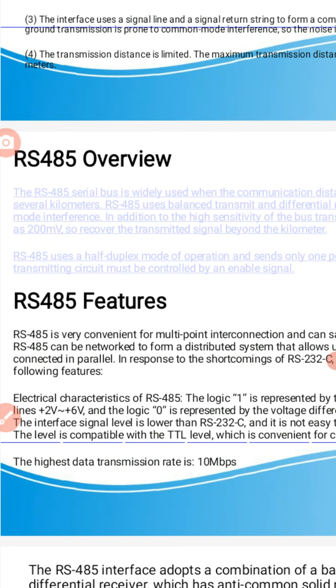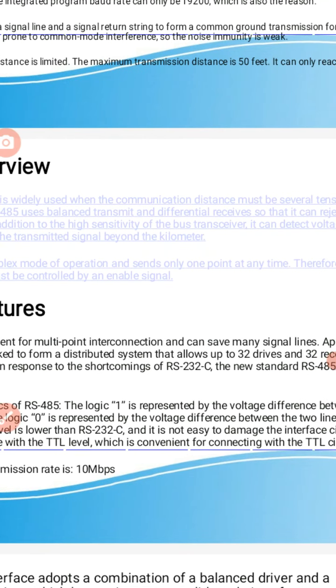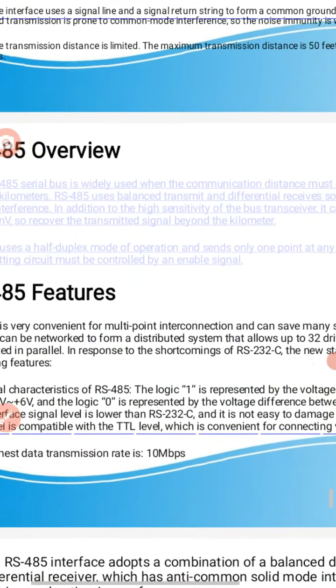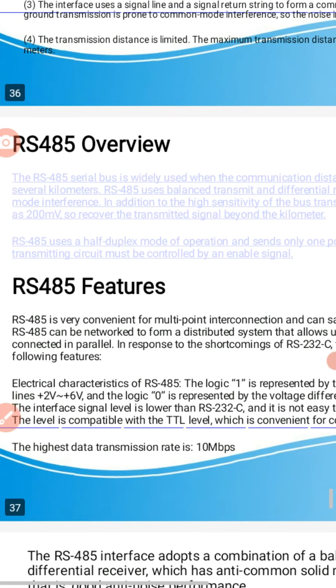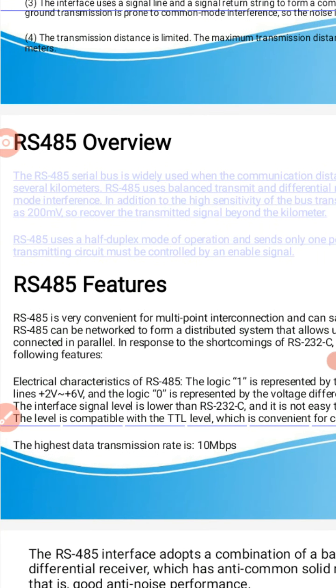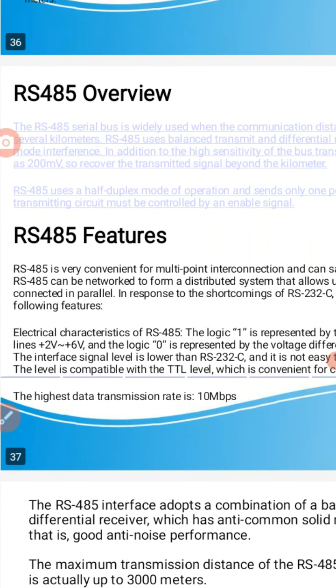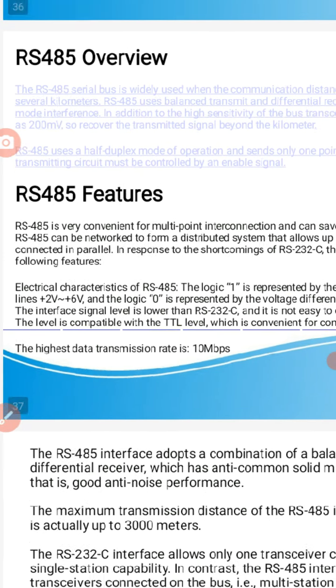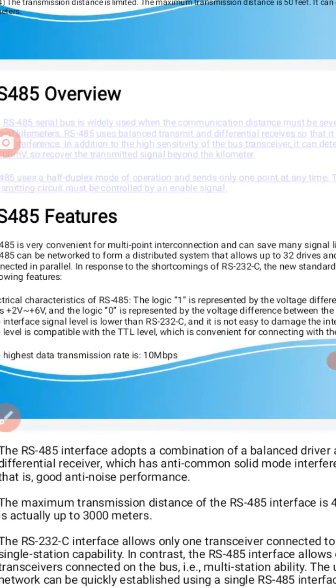RS485 uses a half duplex mode of operation. Half duplex mode of operation means only unidirectional transmission takes place and sends from only one point at any time. Therefore, the transmitting circuit must be controlled by an enable signal. RS485 is very convenient for multi-point interconnection and can save many signal lines.